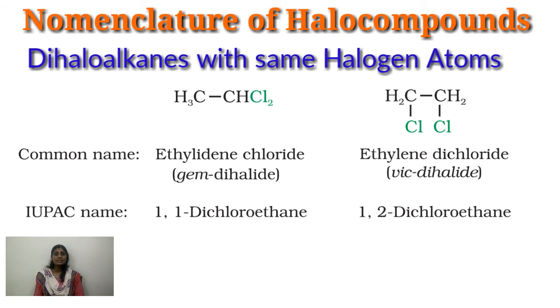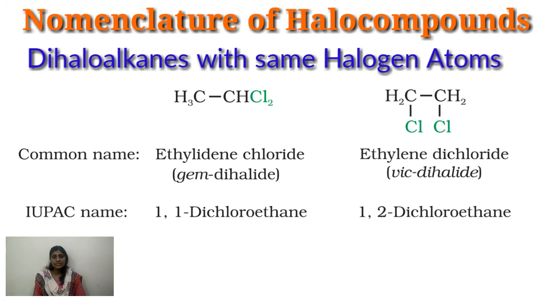Vicinal halides are those in which the halogen atoms are present on adjacent carbon atoms. Example, CH2ClCH2Cl, that is a vicinal dihalide. In the common name system, gem dihalides are named as alkylidene halides and vicinal dihalides are named as alkylene dihalides. In the IUPAC system, they are named as dihaloalkanes.